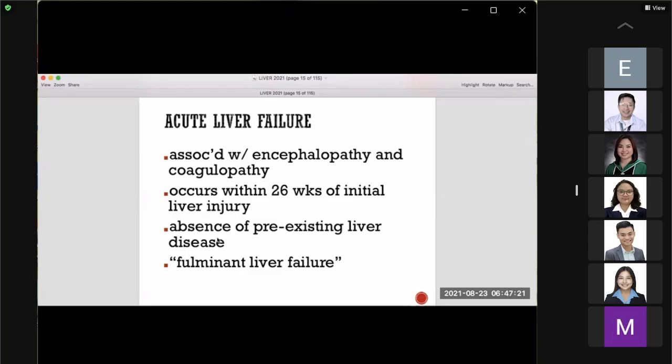So, derangement in the clotting system of an individual, because we all know that the liver is a primary source of proteins, particularly the coagulation factors. This occurs within 26 weeks of initial liver injury, and it says here that there is absence of pre-existing liver disease. They also call it fulminant liver failure.